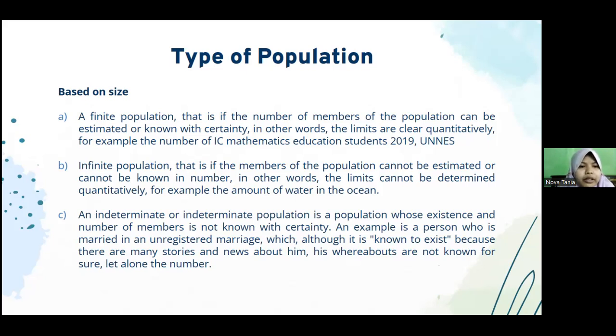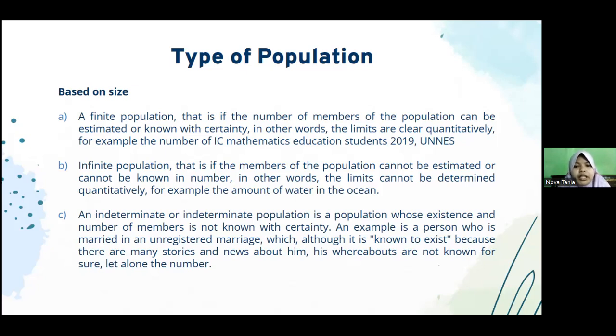And then the infinite population is when the members of the population cannot be estimated or known in number. In other words, the limit cannot be determined quantitatively. For example, the amount of water in the ocean. And the last, indeterminate population, is a population whose existence and number of members are not known with certainty.